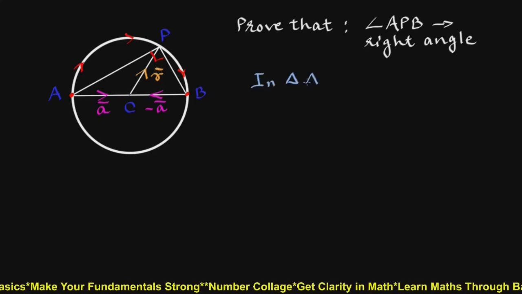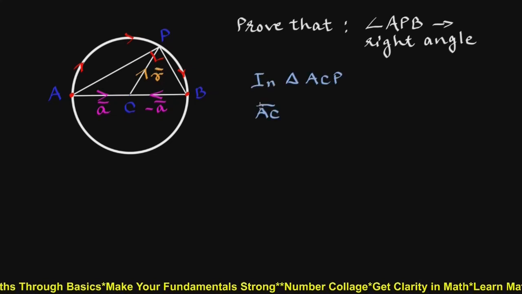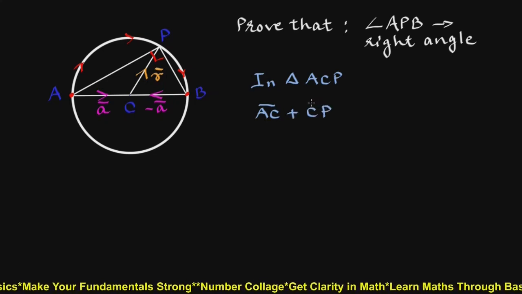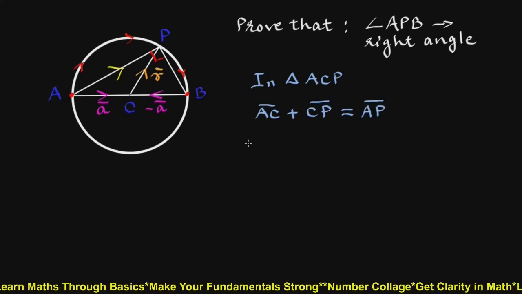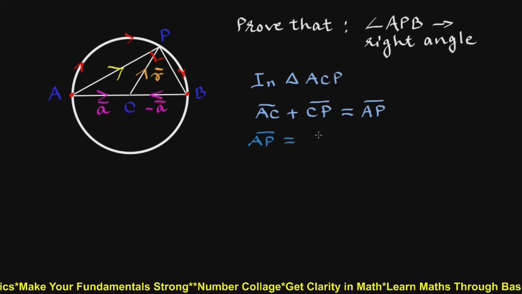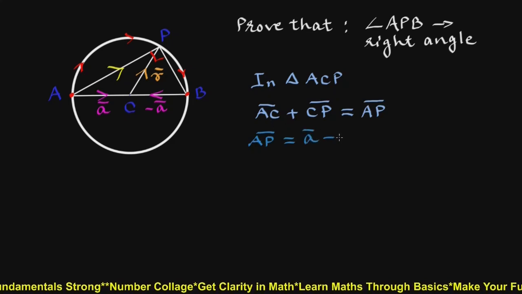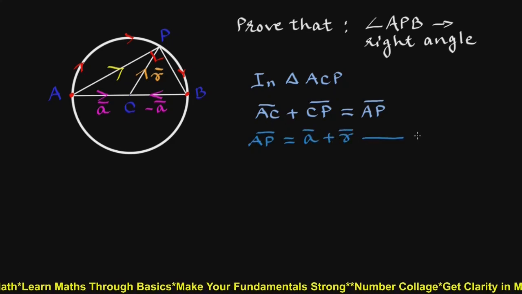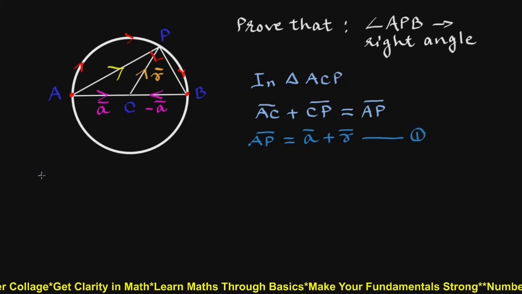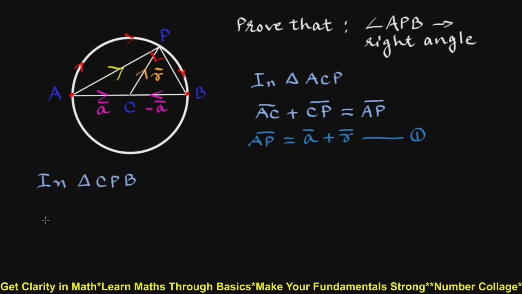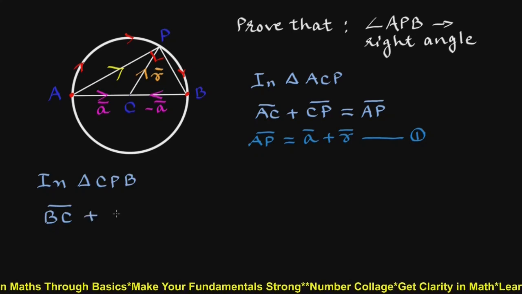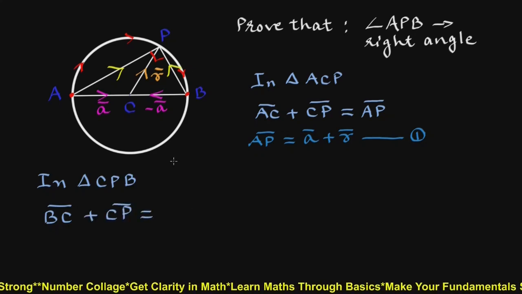Now in triangle ACP, by triangle law, AC bar plus CP bar equals AP bar. So AP bar will be AC bar, which is A bar, plus CP bar, which is R bar. We name this 1. Next, in triangle CPB, by triangle law, BC bar plus CP bar equals BP bar.